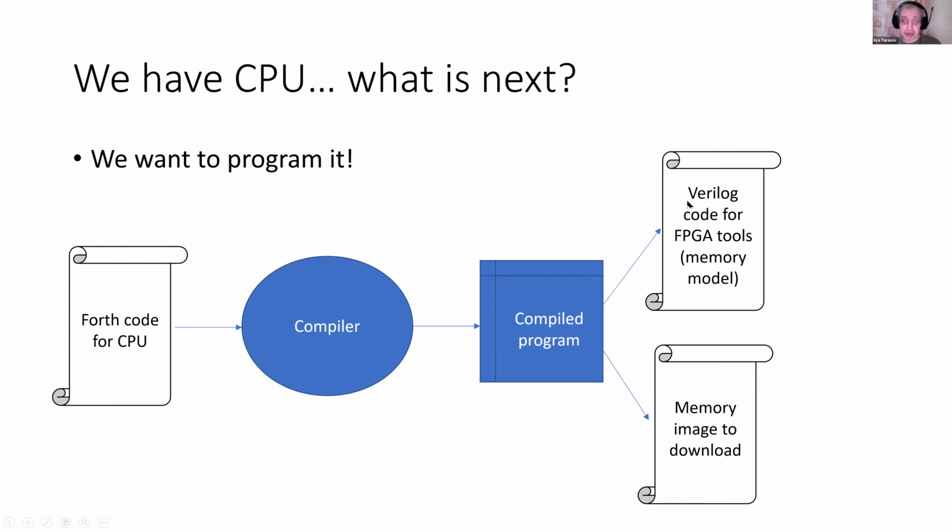We want to use it as a simulator. So we can simulate our very local VHDL, and we need very low code describing the content of our CPU memory. This is our first task, to test if our code is even working. And maybe we need some kind of memory image to download.